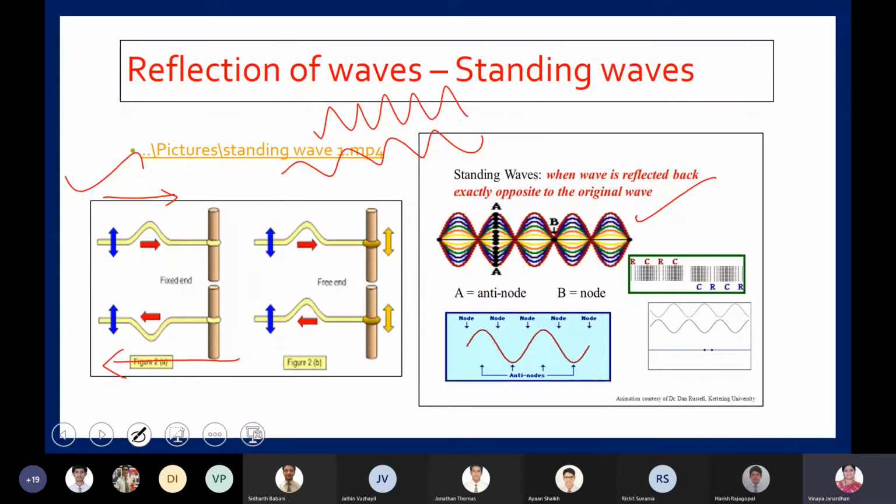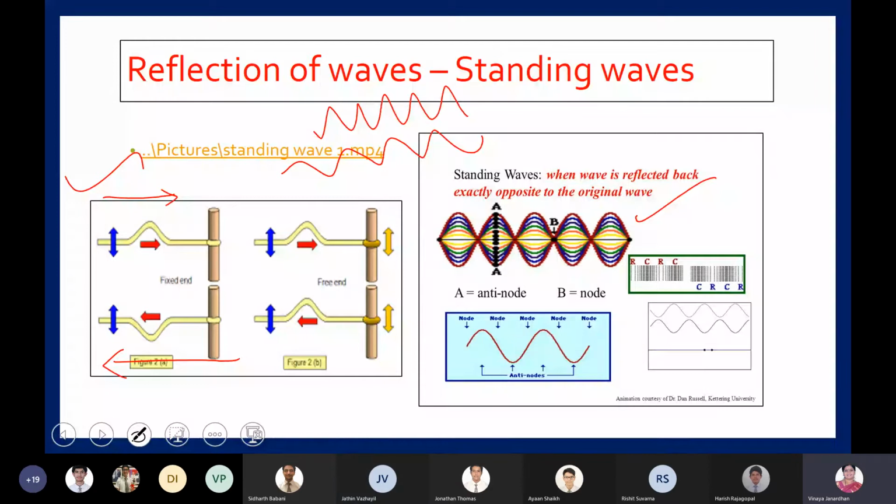I had shown a video presentation where standing waves are produced in a rope. Have you seen that? Boys, did you watch that video? Standing waves produced in a rope, string. Yes, ma'am. So the waves are progressing.